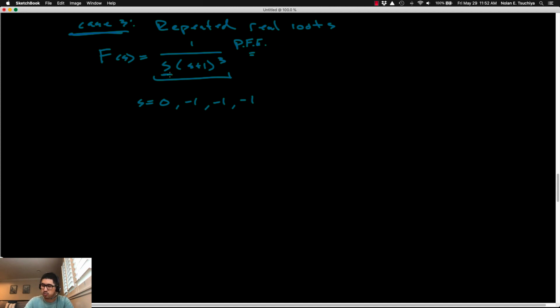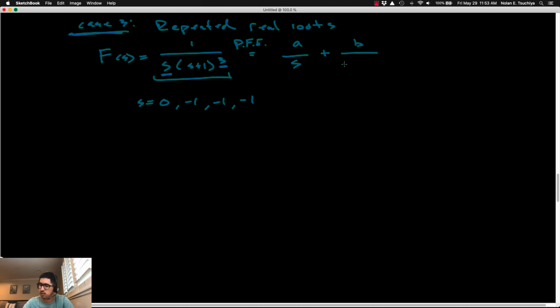The distinct real root always gets its own term, so that's just going to be A over s. And again, the thing that differentiates the repeated real roots case from the distinct real roots case is simply how you break it down in the partial fraction expansion. Okay, so the way it works is you've got the terminal power of 3. For repeated real roots, you need to have additional terms all the way up until that terminal power. What I mean by that is this.